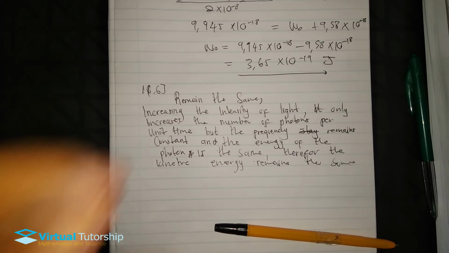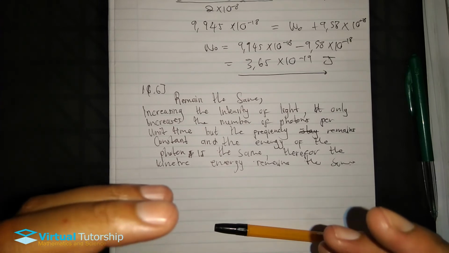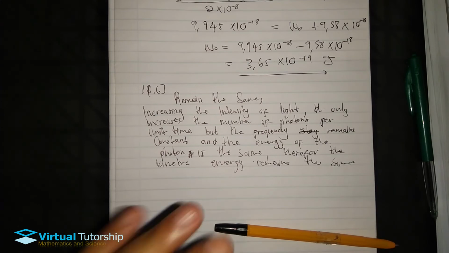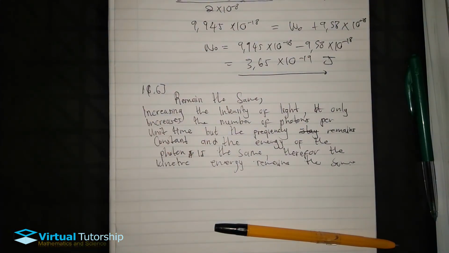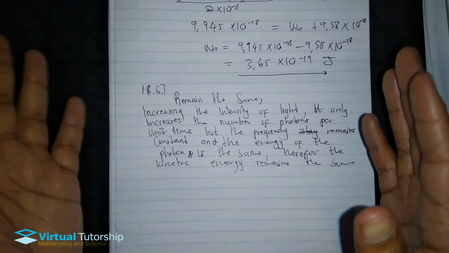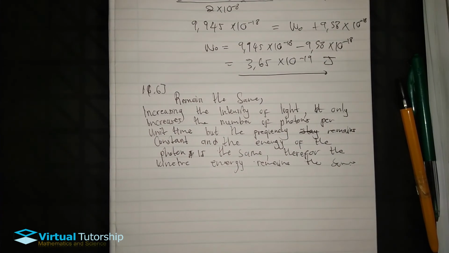Because the photons from the light source release the same amount of energy, but there will be more photons striking your metal surface. So more electrons are being ejected, but not at a higher speed, but at the same speed as before the light was intensified. That's the idea. You can put it in another way, but it should carry the same idea as the statement. So this video ends here.